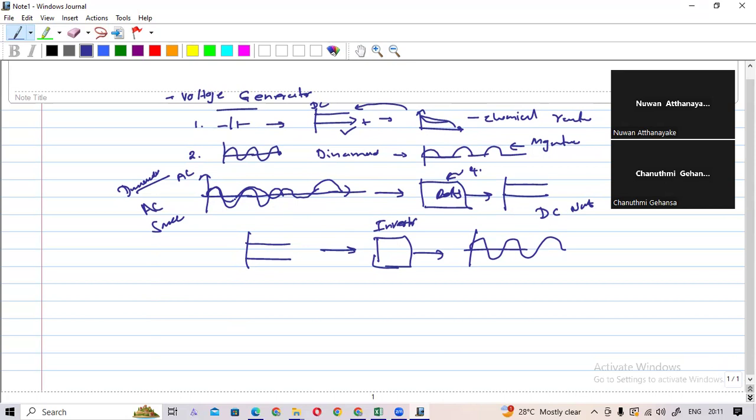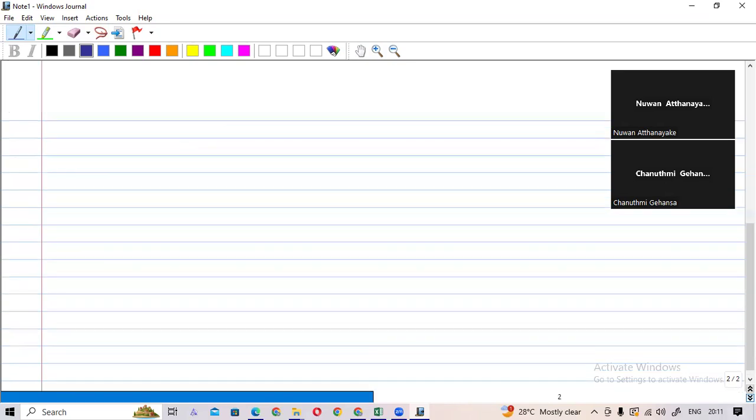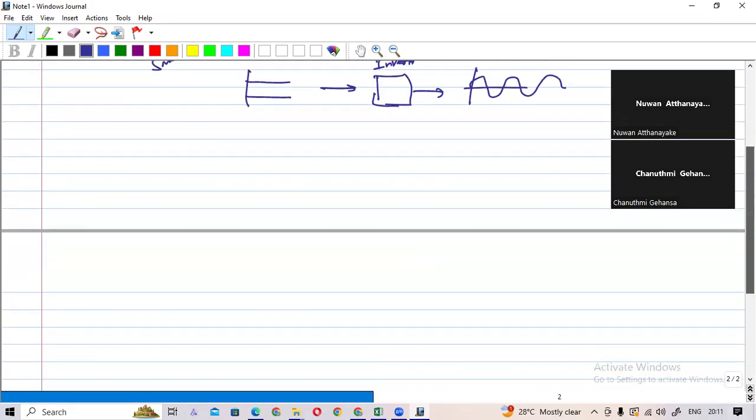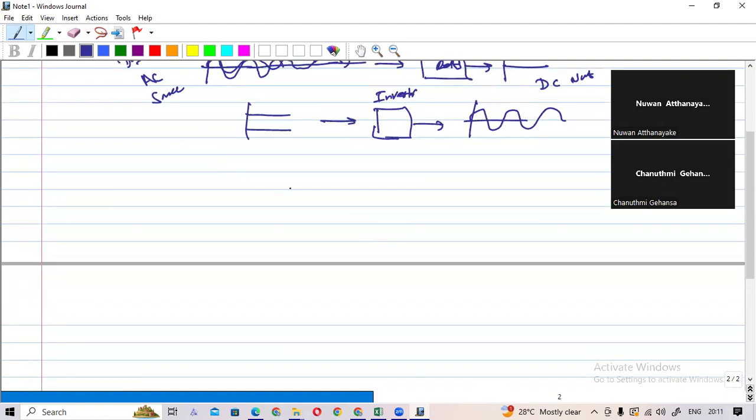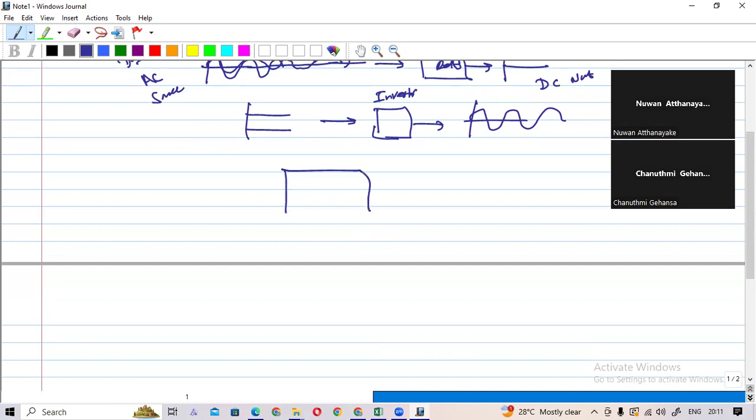But for electronic circuits, for example in communication, if we need to modulate a signal we need a sinusoidal signal like this.